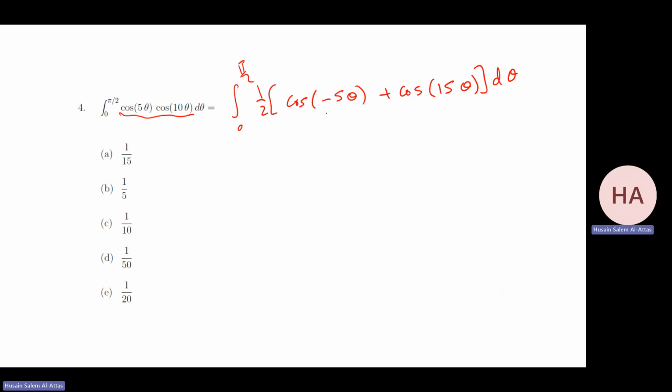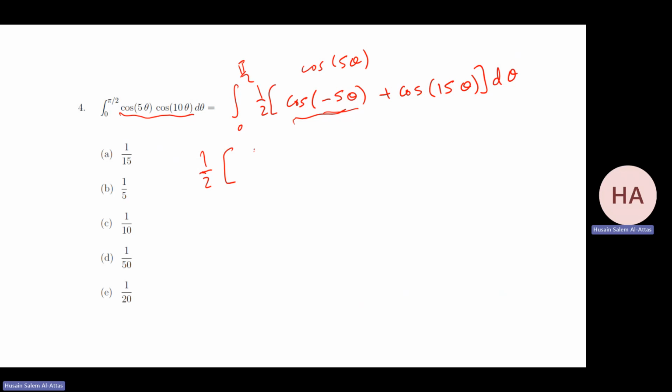Okay, cosine of minus is the same, there is no difference. So that will be, from 0 to pi over 2, let me take half outside, and let me do the integral right away. That will be half of cosine 5 theta, since cosine is an even function.